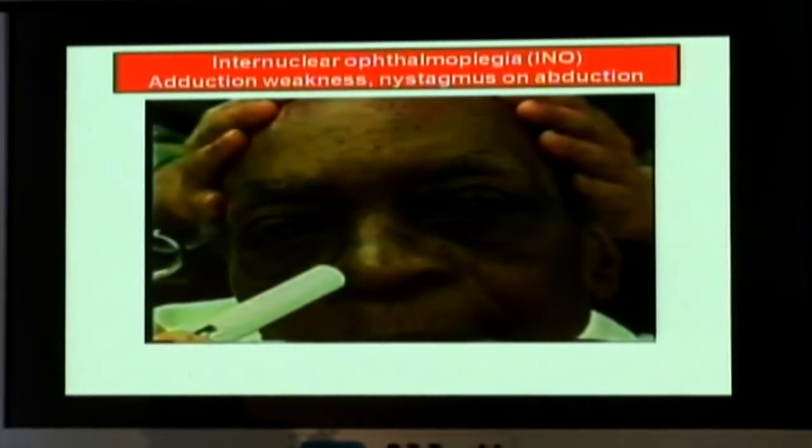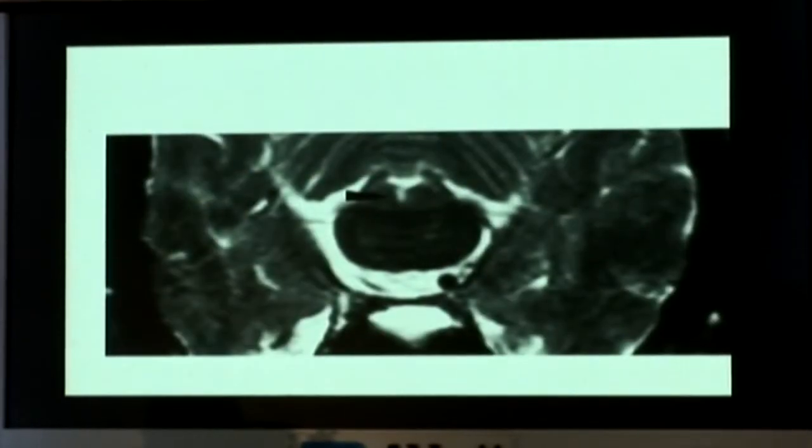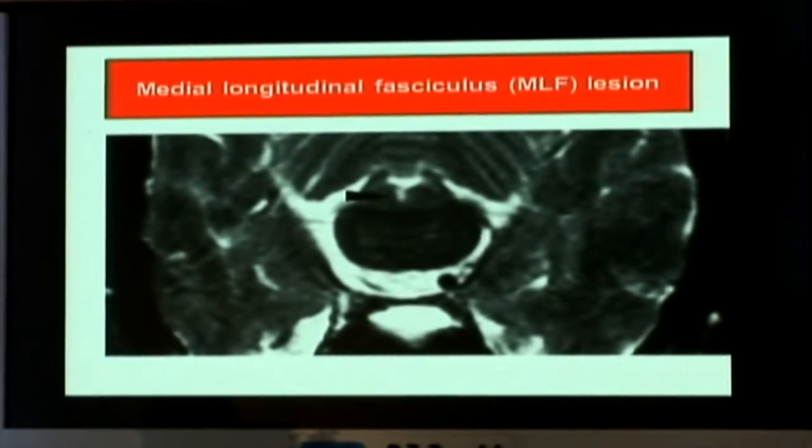This is internuclear ophthalmoplegia. Adduction weakness, nystagmus on abduction. These patients come in with vertigo and imbalance. You've got to know this syndrome. There's the lesion, right in the MLF, medial longitudinal fasciculus.